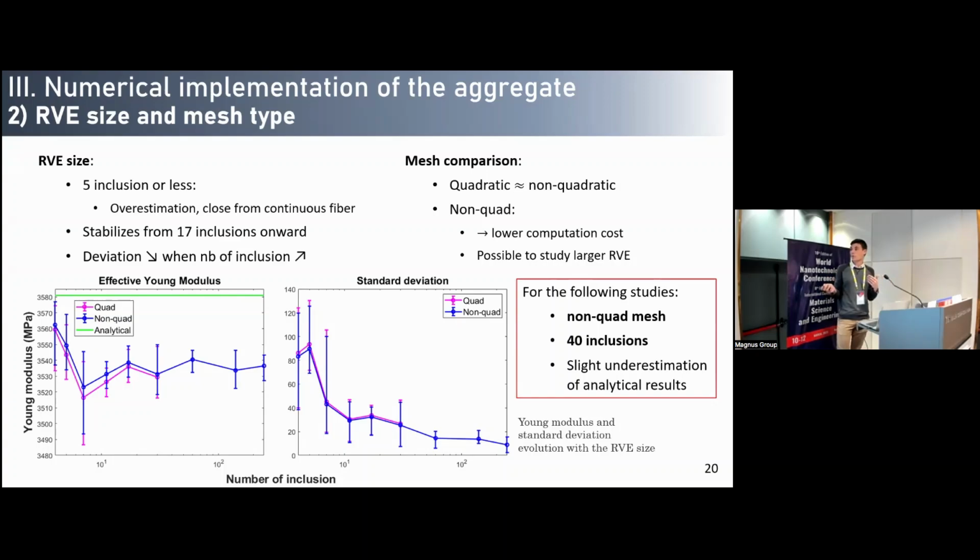Also, for the different types of mesh, whether we choose quadratic or non-quadratic mesh, there were no big differences, and non-quadratic allows for lower computation costs. So it's possible to study a larger volume with non-quadratic mesh. For the following part of the study, we use non-quadratic mesh with 40 inclusions to get stable results that are not too time consuming.